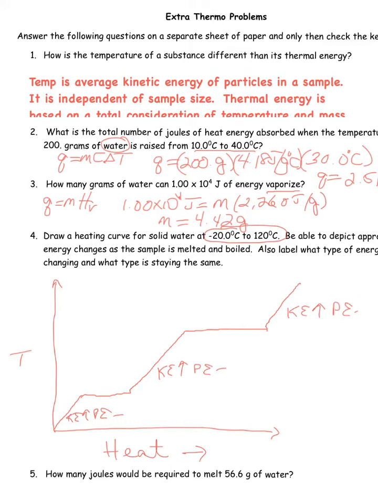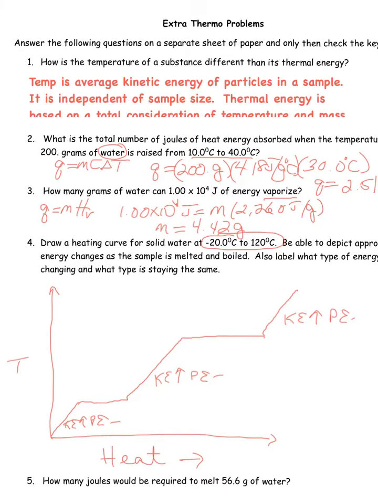The flats, however, involve a change of potential energy. So here, we're going to have our potential energy increasing and our kinetic energy remaining constant. And up here again, while we're boiling, we have potential energy increasing while our kinetic energy remains constant.